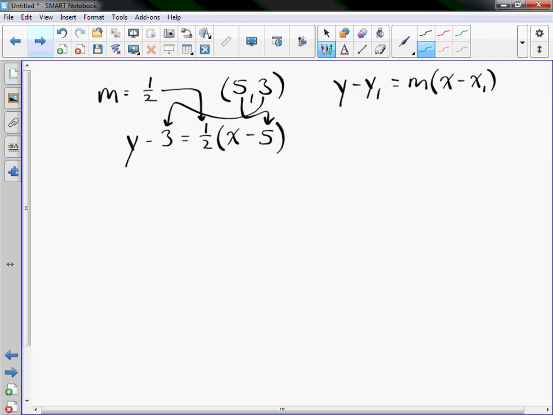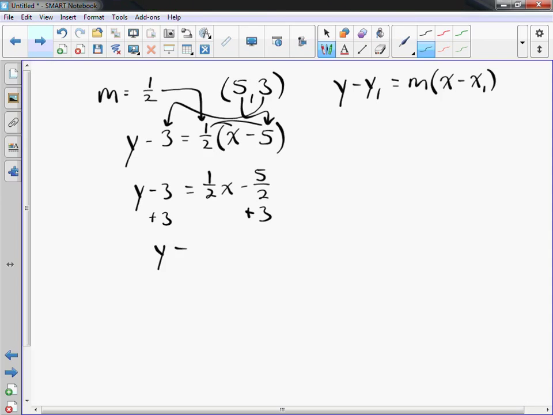We can solve for y so that we can check to see if it is the same as what we got with slope-intercept form. So y minus 3 equals, let's distribute this 1/2. So 1/2 x minus 5/2. And now we want to add 3 to both sides to get rid of the -3 on the y.